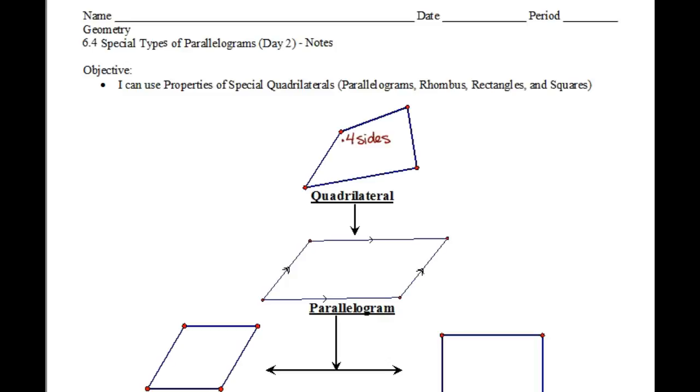And the interesting fact about every single quadrilateral, no matter what, is that the sum of the angles in the interior is going to be equal to 360. And that's true for no matter what kind of quadrilateral it is.